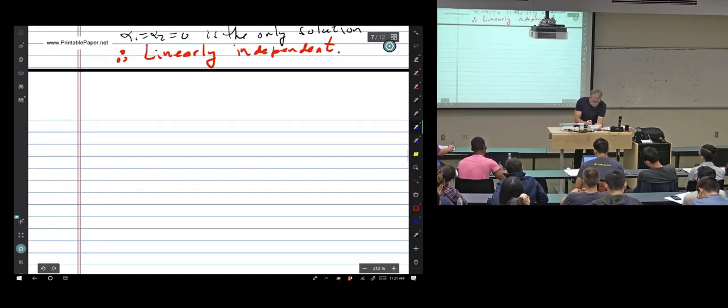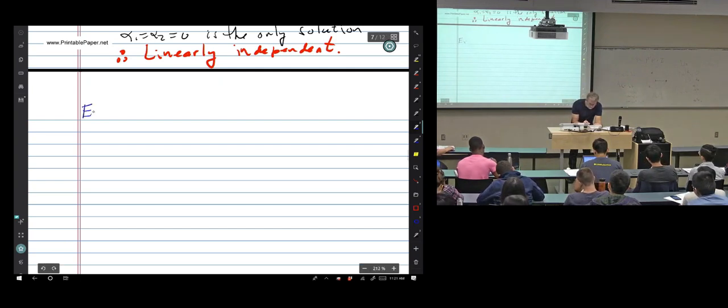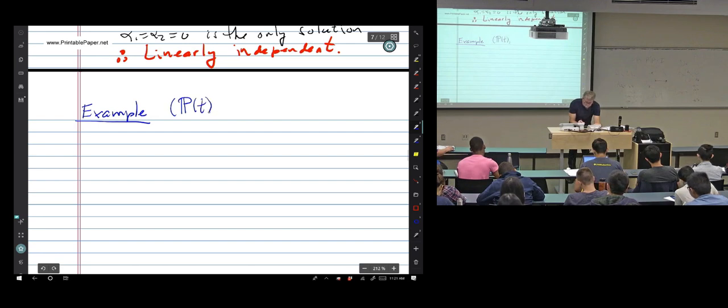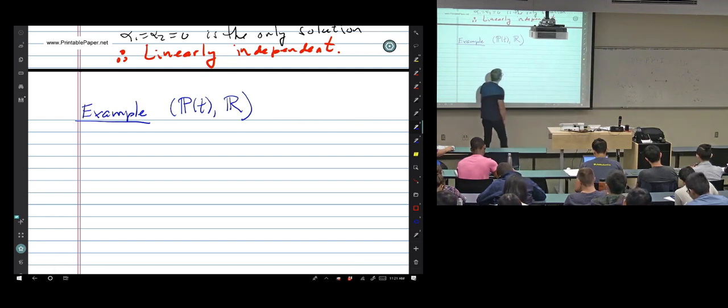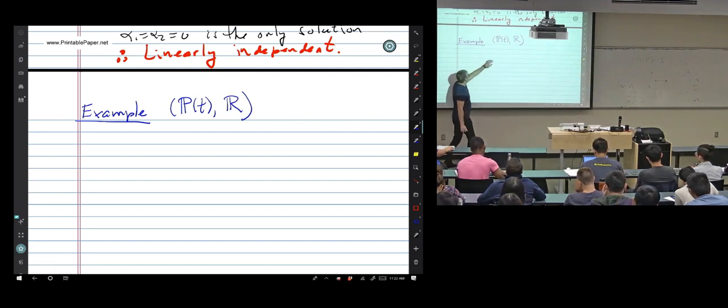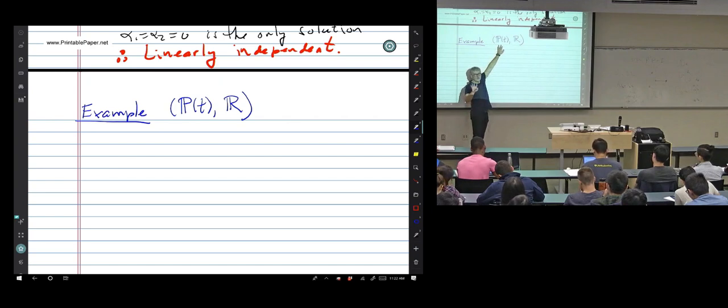So here's another example. Remember, this is the set of all polynomials with real coefficients.